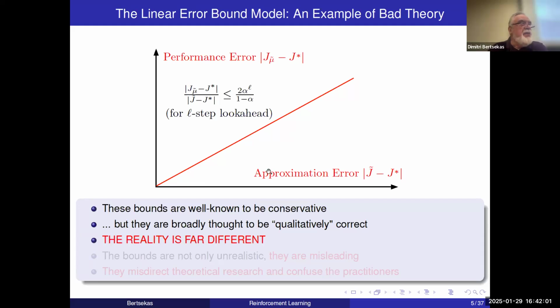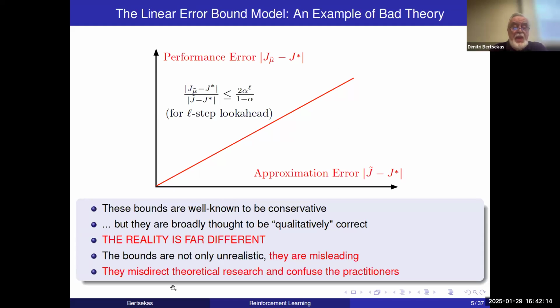Now, the reality is far different. These bounds are not only unrealistic, but they are misleading. If you use them for practice or theory, you're going to go along the wrong paths. They misdirect theoretical research and confuse the practitioners. Qualitatively, the relation between these two is not linear, but rather it is superlinear.